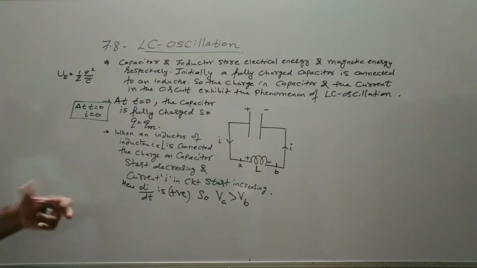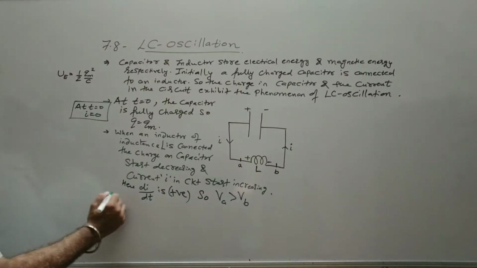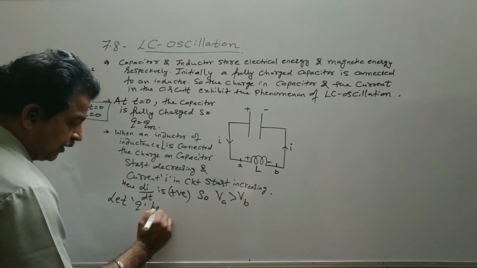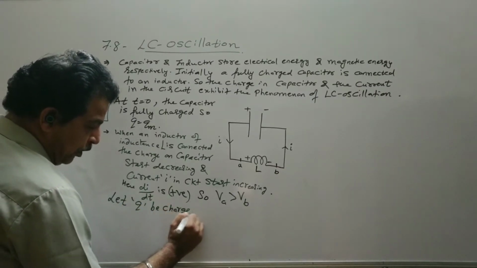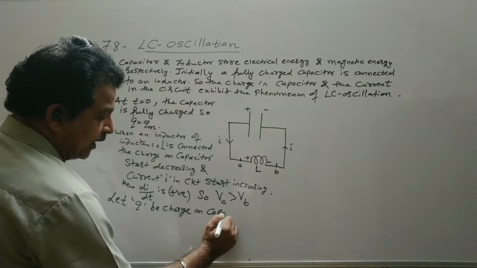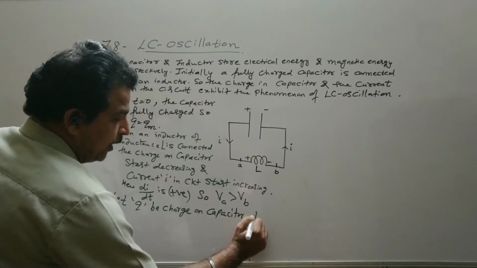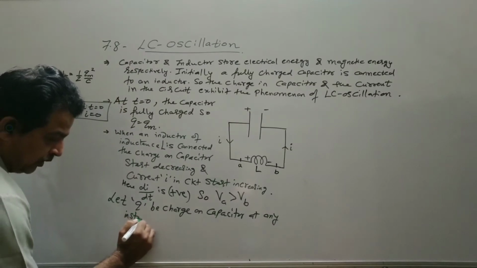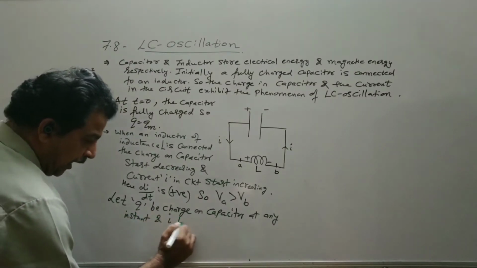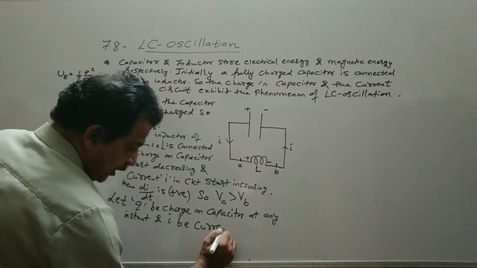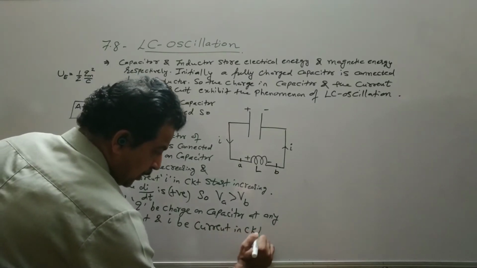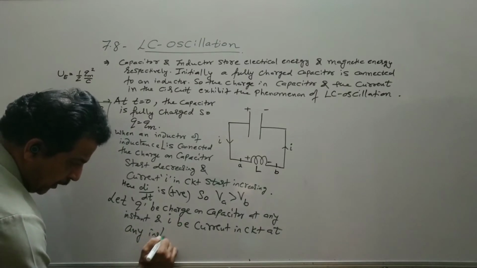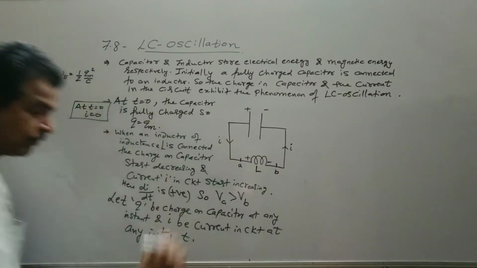Now let us take an instantaneous current and charge. So let q be the charge on the capacitor at any instant and i be the current in the circuit at any instant, say t.